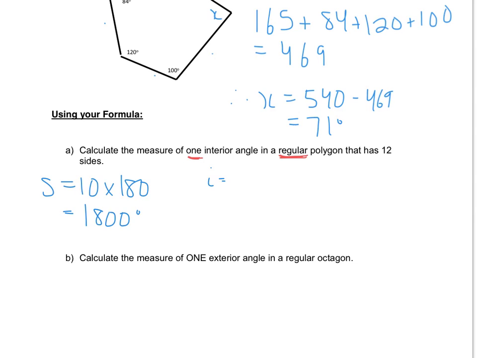Because each one is the same, because this is a regular polygon, this is only true for regular polygons, we're going to divide, and I made a mistake there, not by 10. There are 10 triangles, but there are still 12 angles in that shape. So I'm going to take the 1800 and divide it by 12, and I get 150 degrees. So that means each angle is 150 degrees.